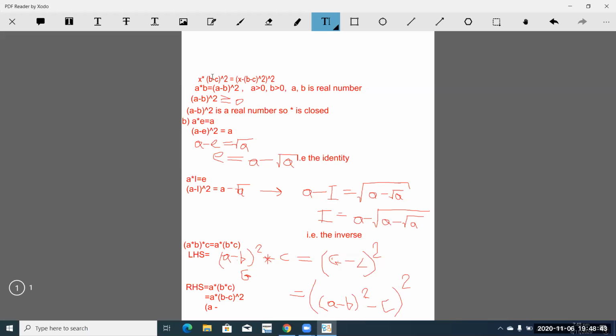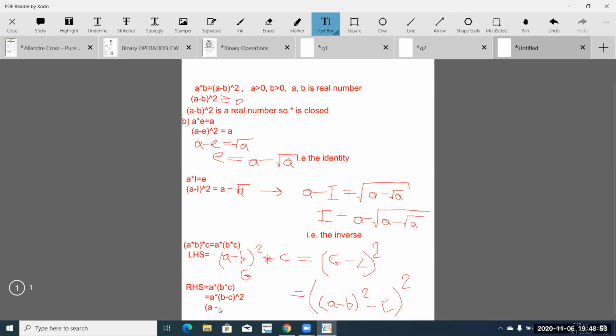So what we're saying down here is, what is A star B minus C all square? It would be A minus, B minus C, all squared, then all squared. Yes, close the bracket, then all square. Very good.